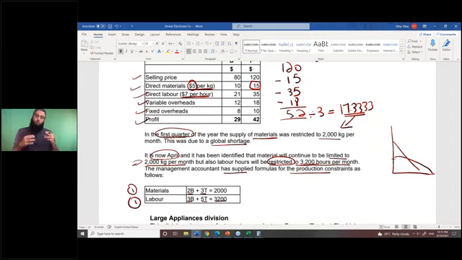Two limiting factors mean two lines on your graph, and the intersection point coordinates you need to work out through simultaneous equations.